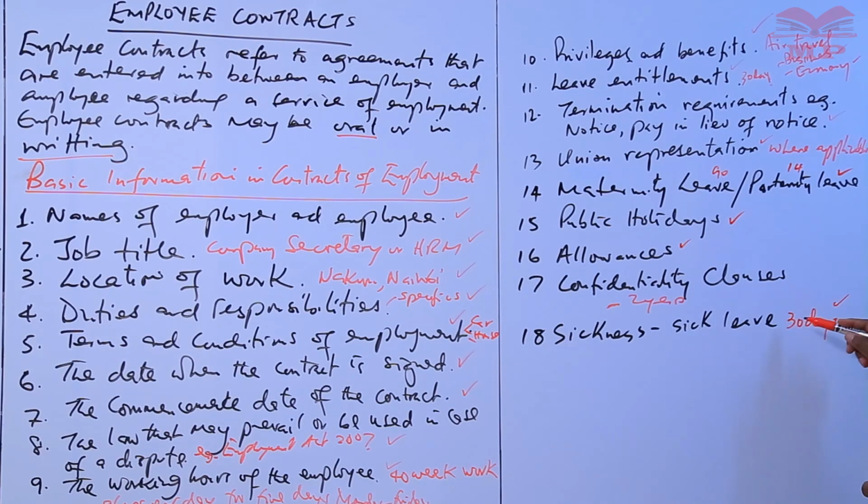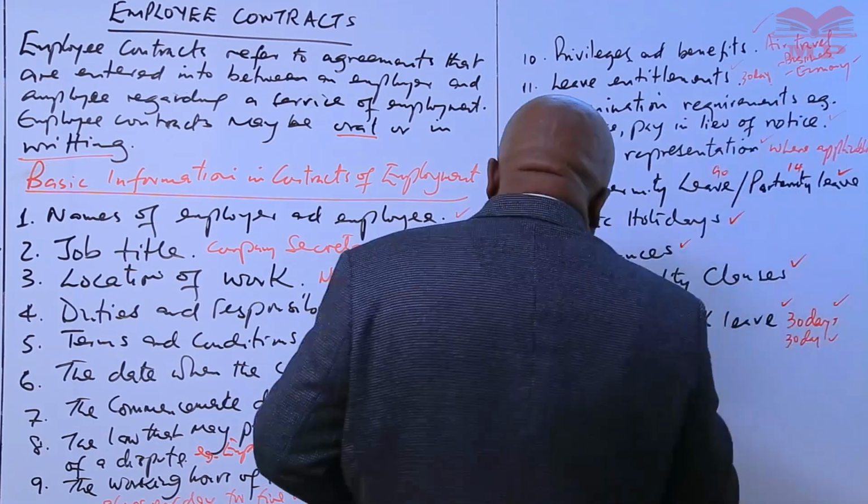That is important. Maybe the next 30 days, employee will be on sick leave, maybe with half pay. So that should come out very clearly in the contract of employment.